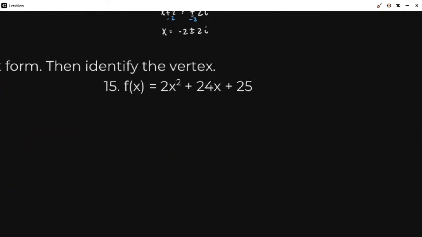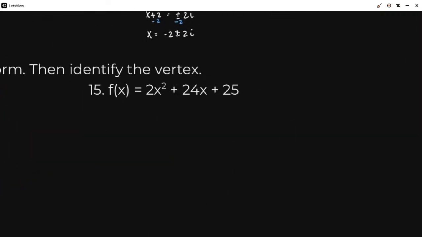Okay, next we have 2x squared plus 24x plus 25. So again, we're looking at just this part first. And I'm just going to rewrite it as y because f of x is y. So a has to be 1, so I'm only going to factor it out of the purple part. Hold on, let me leave some space.